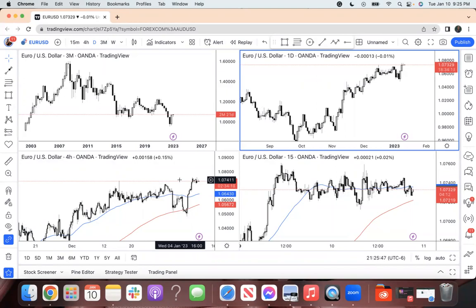I'm going to do a top-down analysis to show you how you're basically doing an X-ray of the pair that you're actually trading to see what the market is doing, because the candlesticks do tell a story. And based on that information, you're making an informed decision on if you should buy or sell.